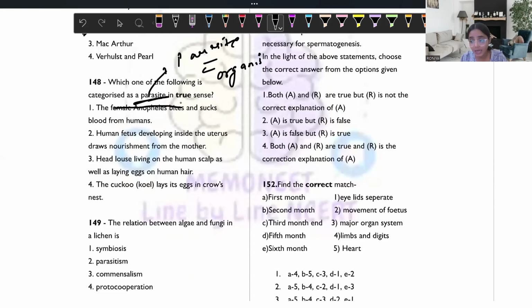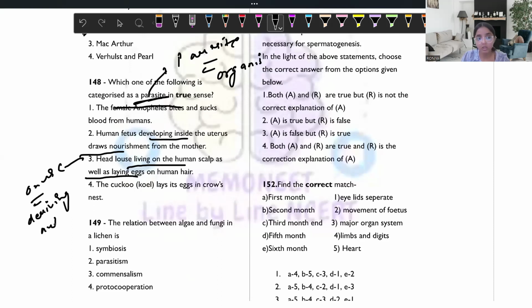Human fetus developing inside a uterus draws nourishment from the mother. Head louse living on the human scalp as well as laying eggs on the human hair. Okay, so head louse is living on us and deriving nutrition from us. So that's why it's a parasite.